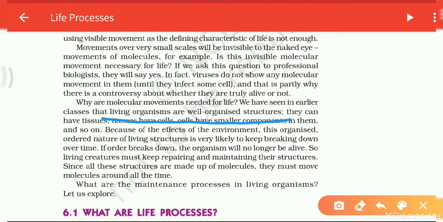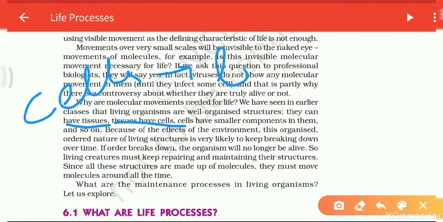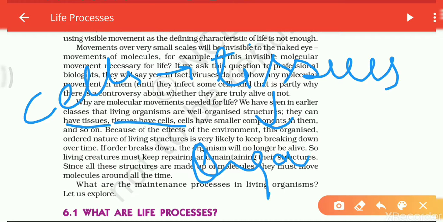Molecules. A group of cells makes a tissue, tissues make an organ, organs make an organ system, and organ systems make an organism.